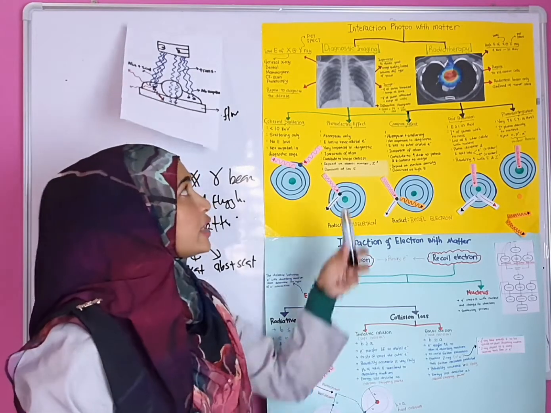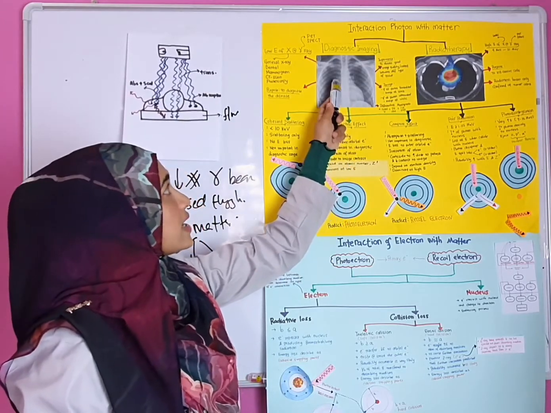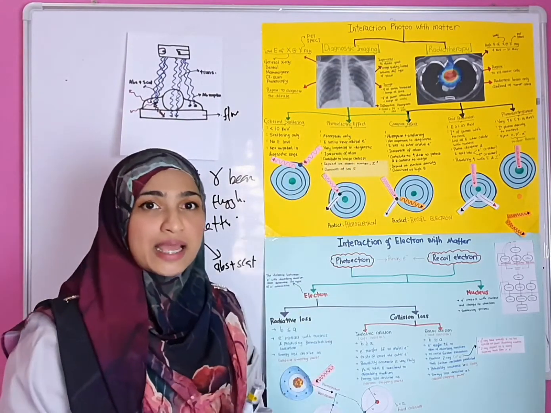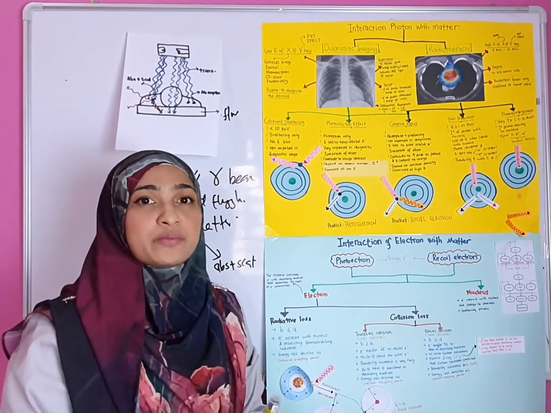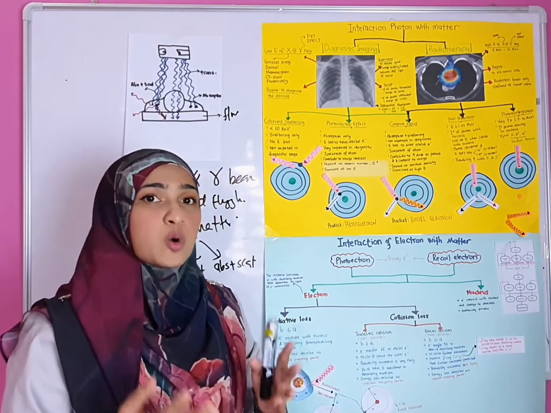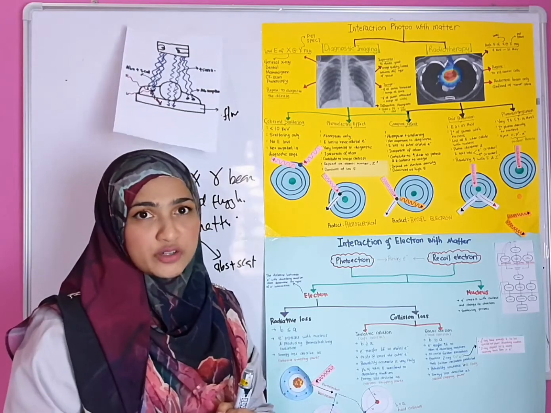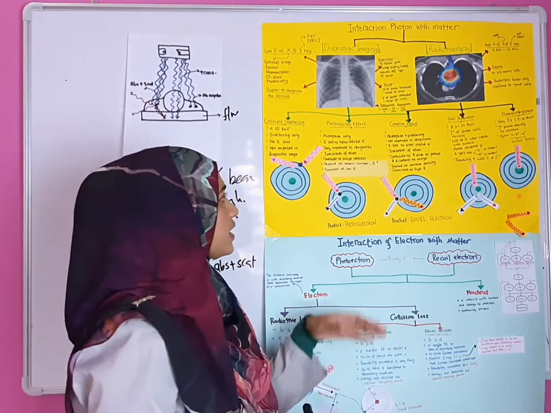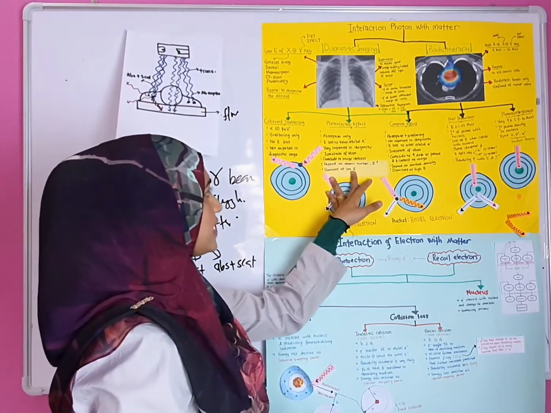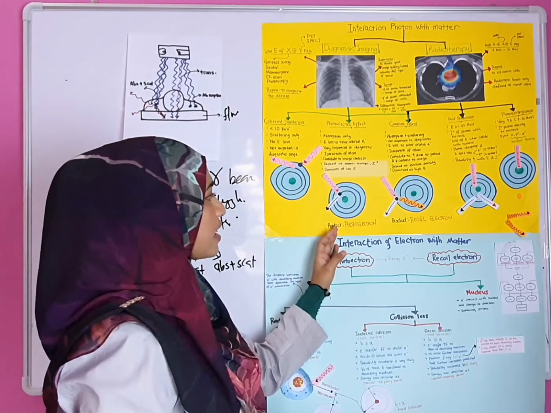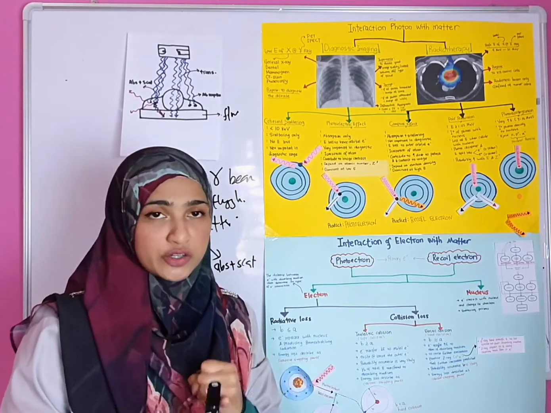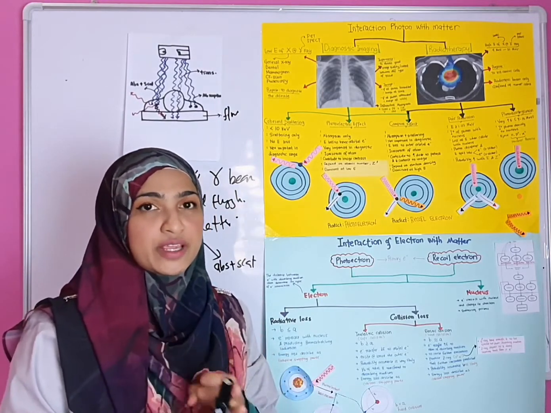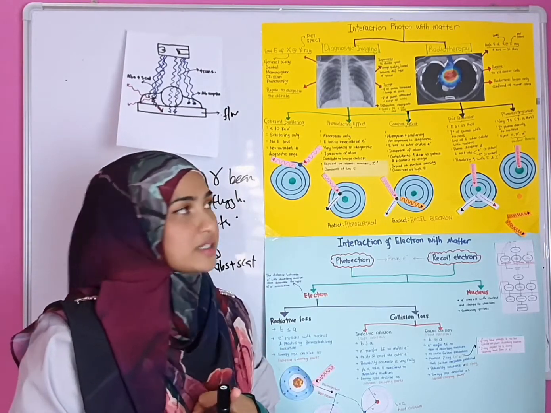That is why it will appear bright and the lung will appear black. Dark means more X-ray is transmitted to the film. White means more X-ray is absorbed. So it is dominant at low energy, and the products of the photoelectric effect are the photoelectron, characteristic X-ray, and the ionized atom.